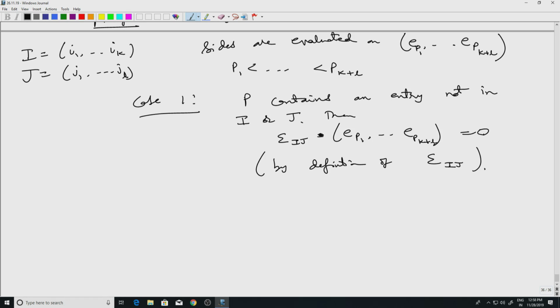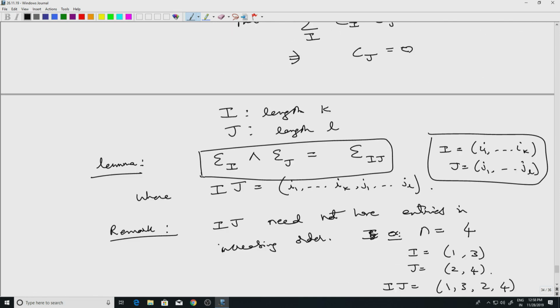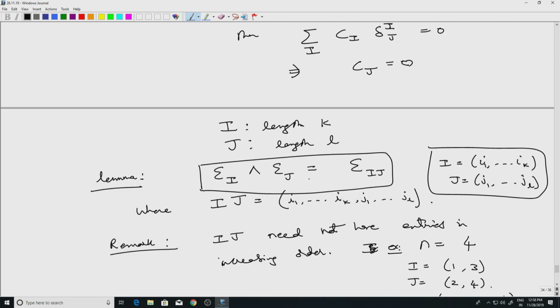That's the right hand side. Now what about the left hand side? Well, the left hand side is a wedge product.